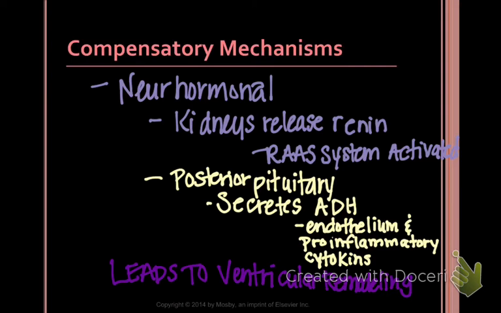Angiotensin 1 is converted to angiotensin 2 by the converting enzyme made in the lungs. Then angiotensin 2 causes the adrenal cortex to release aldosterone, which results in sodium and water retention, and an even greater increase in peripheral vasoconstriction, which increases the blood pressure. This is your RAS system.